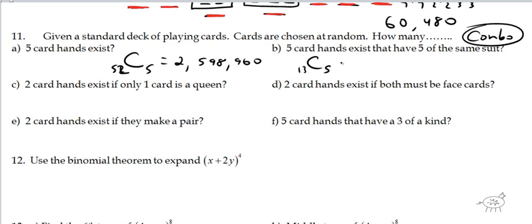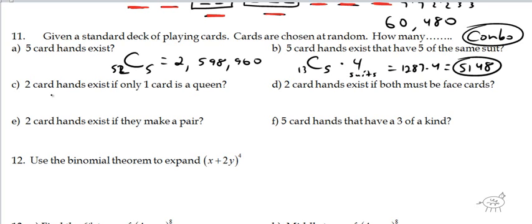So it's the same thing as that times 4, because I could write 13C5, and I could write it 4 times, but just know that there are 4 suits, so multiply it by 4. Okay, so again, 4 suits. So we get an answer of, it's 1287 times 4, which is 5,148.